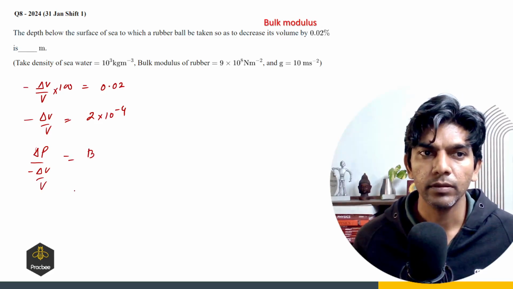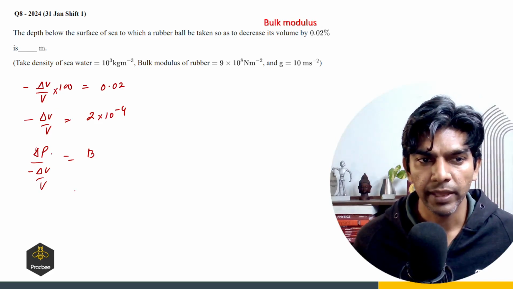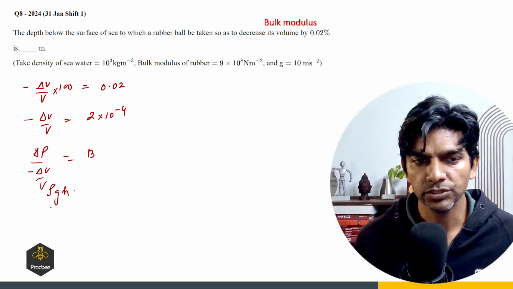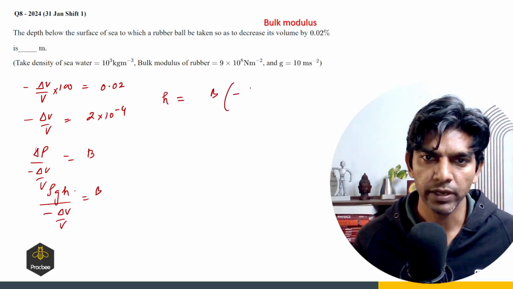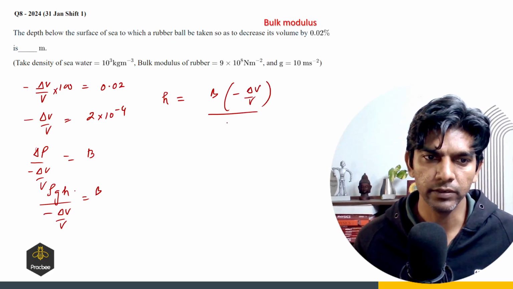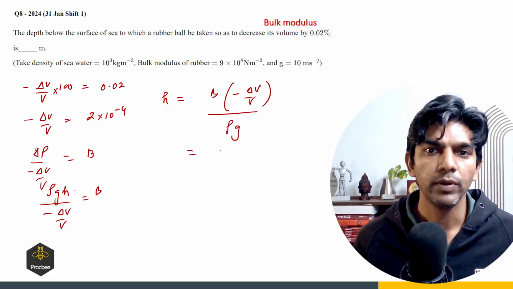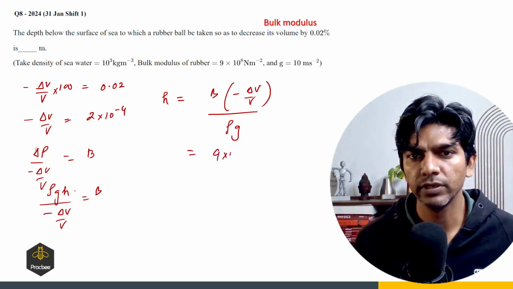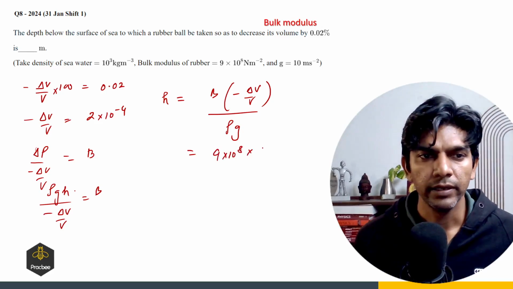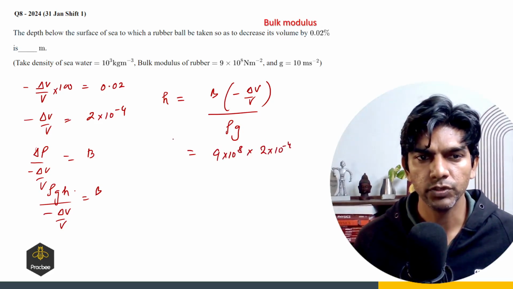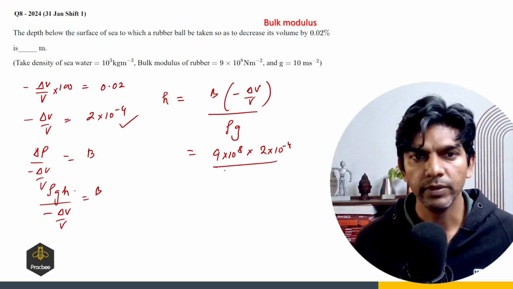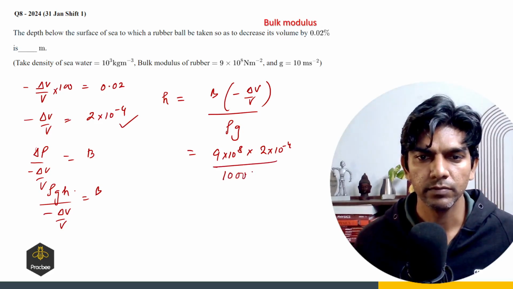So excess pressure can be written as rho gh divided by minus delta V by V equals the bulk modulus, and H we have to calculate. So it will be B times minus delta V by V divided by rho G. Bulk modulus is given as 9 into 10 raised to power 8, and bulk strain is 2 into 10 raised to power minus 4, which we have calculated, divided by density 1000 and G is 10.